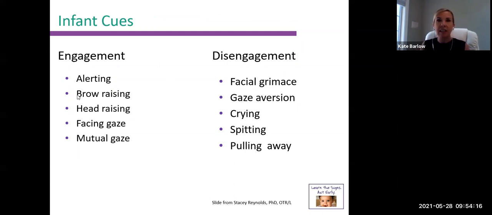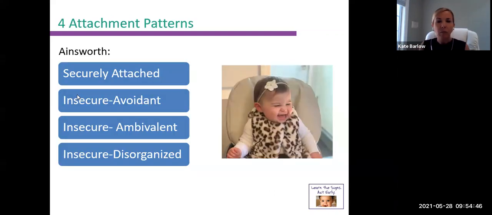We really love to see an infant before 1 year of age, and the caregiver really with their heads less than 12 inches apart, really looking at each other into the eyes and really maintaining that mutual gaze. Some disengagement cues from an infant might be facial grimacing, gaze aversion, crying, spitting, or pulling away. So if you're doing some observations and you see some of these cues, you really want to take note.